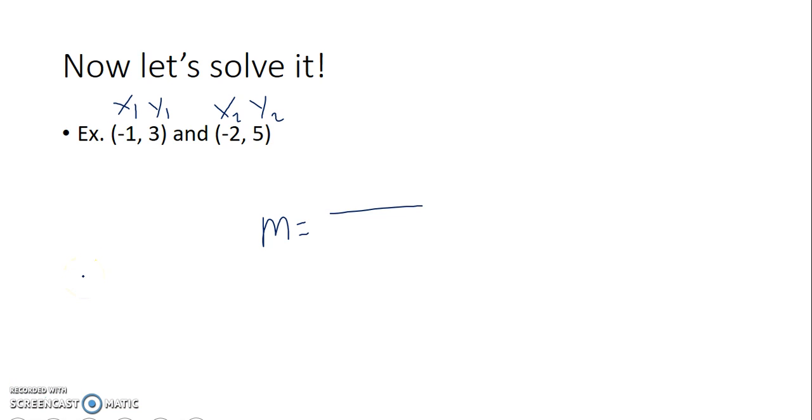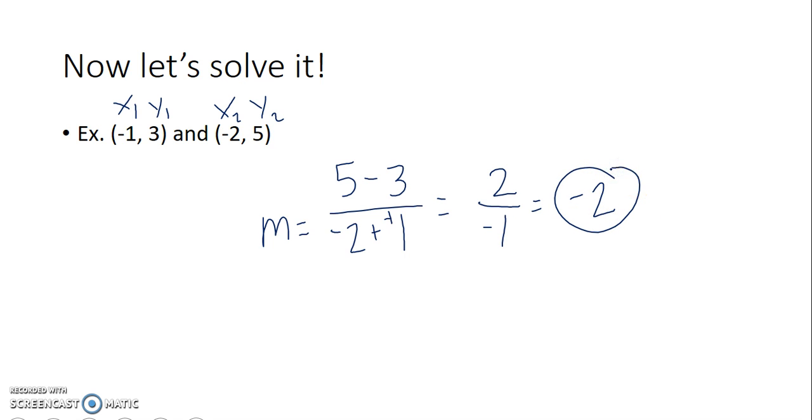All right, so y's are on top, right? So we have 5 minus 3 over negative 2 minus negative 1. And what did you do with the 1? Right, these become positives. Good job. So 5 minus 3 is 2, and negative 2 plus 1 is negative 1. Awesome. So 2 divided by negative 1 is negative 2. So these 2 points have a slope of negative 2.